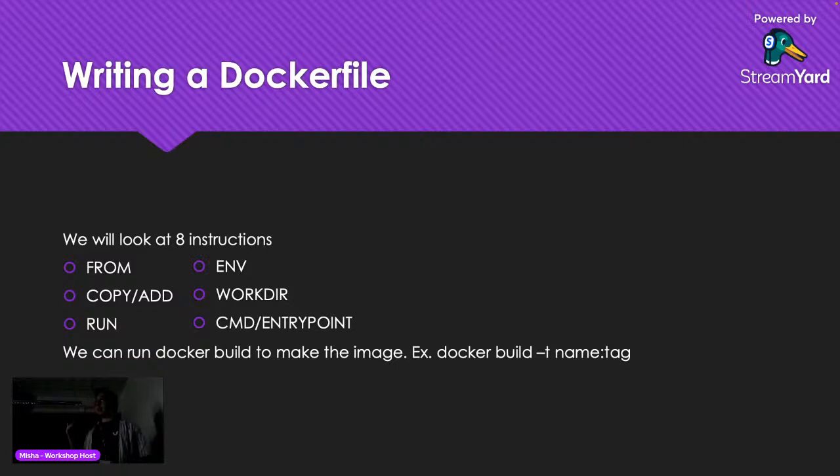So what you can also do is, for example, decompress archives like zips and tarballs, or you can even get data from a URL, so over HTTP or something similar. So in general, if you just need some files, just use copy. Don't overcomplicate it with add.